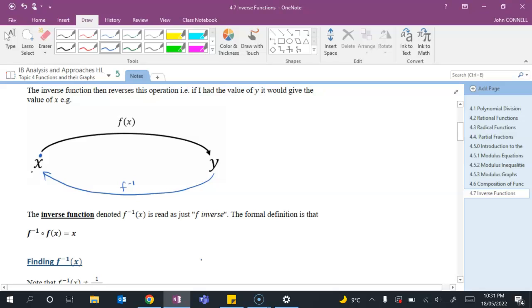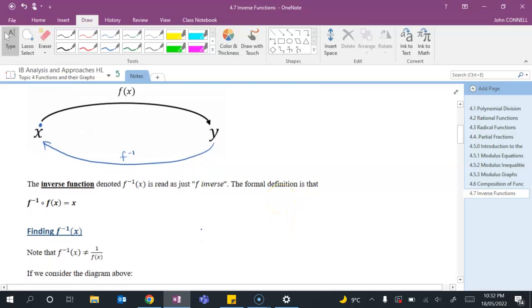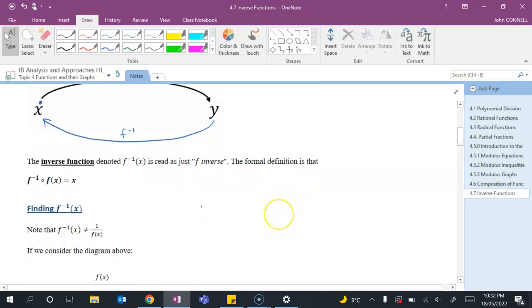And so f inverse composed with f will just give me x, provided that it's the correct inverse function, because it just goes in a circle. When I apply f to x, it takes me to y, then when I apply f inverse to y, it takes me back to x. Now, how are we going to find the inverse function?